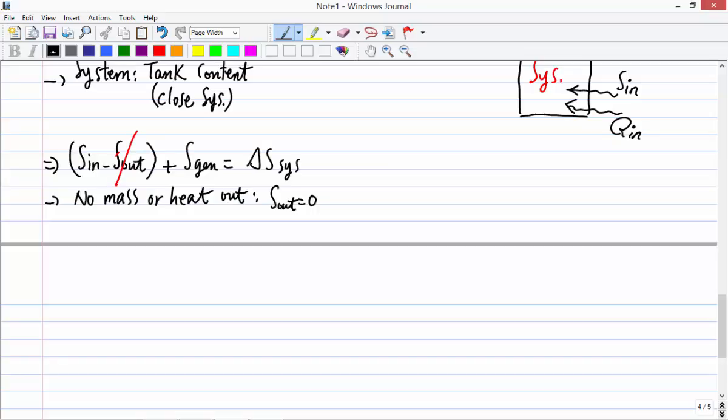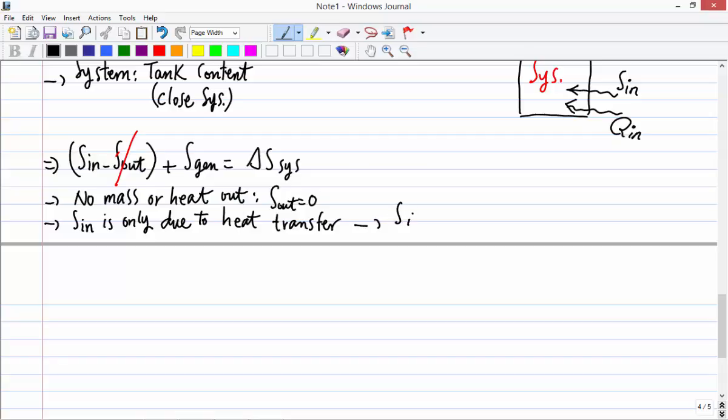And the entropy entering the system is only due to heat transfer, because mass is not entering the system.